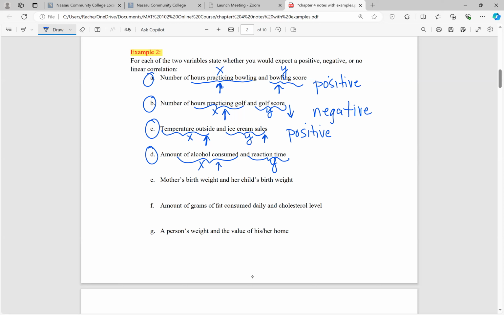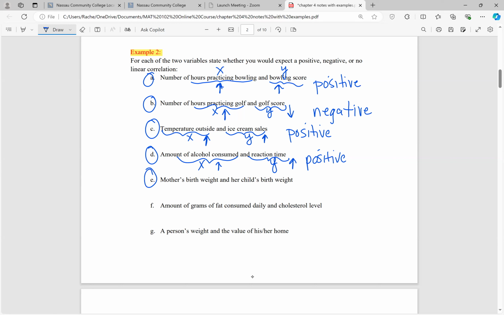It's going to affect your reaction time, and what I mean by reaction time is your reaction to your environment, like to catch a ball if I throw a ball at you, to recite the alphabet, to walk on a straight line from point A to point B. So the more alcohol you have, the longer it's going to take you to react, right? Your reaction time gets higher because it's going to take you longer. So the more alcohol you consume, the longer your reaction time. So that's going to be a positive relationship.